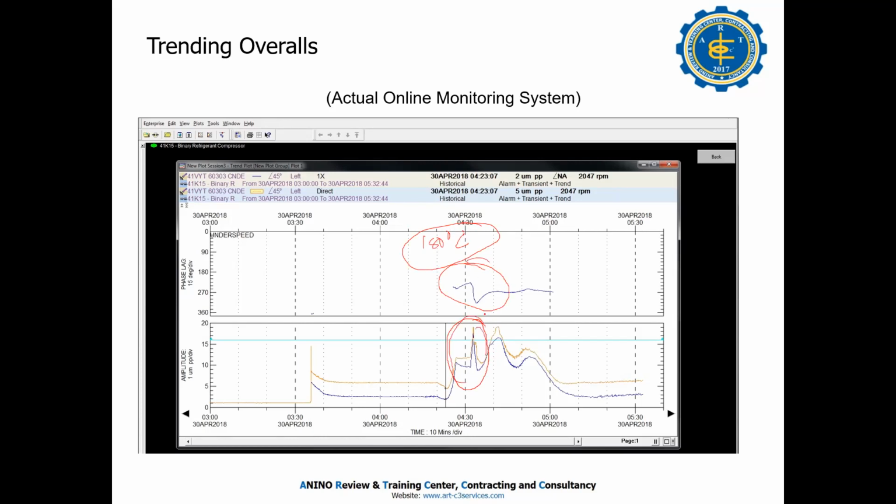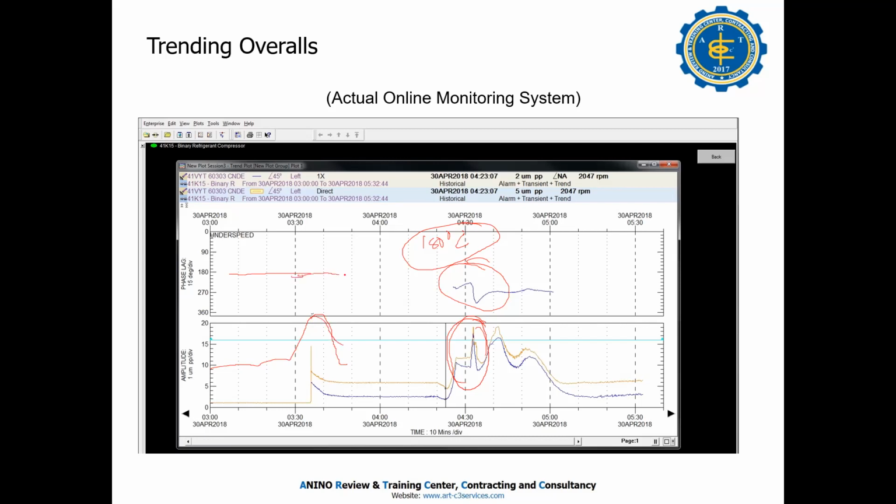So take note, if there is a high vibration and there are no changes with the angle, that means it is not the critical speed, that is true vibration. For example, this is running speed, running at 180 degrees, and then this vibration goes high.